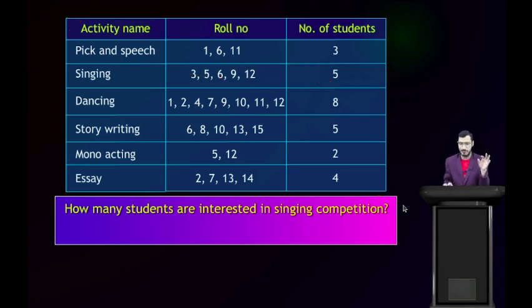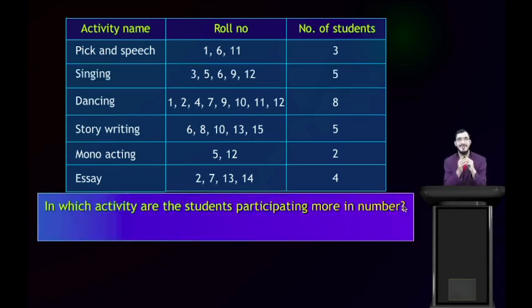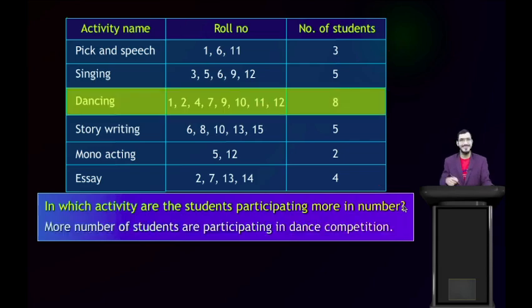That means 5 students are interested in the singing competition. Second question: in which activity are the students participating more in number? You can easily find it: 8 students. More students are participating in the dance competition.